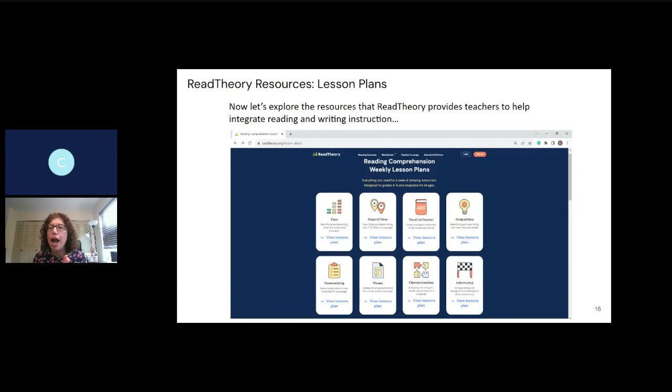But perhaps what you're really looking for is, once you join ReadTheory and you have your students sign up, how does the basic ReadTheory work? The basic thing is that once the students take their pre-test, plus one additional quiz, the ReadTheory platform calculates their reading level, and then it assigns kids individual reading assignments based on their strengths and weaknesses.